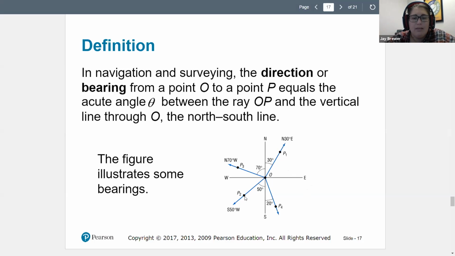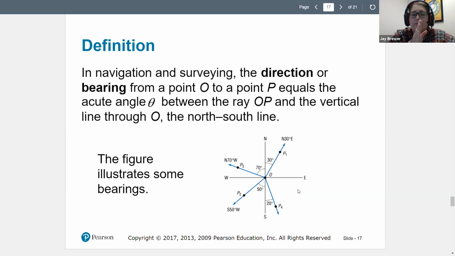Okay, for P2, we're sitting at 50 degrees off south towards the west. So how would you guys describe P4? 20 degrees to the south.